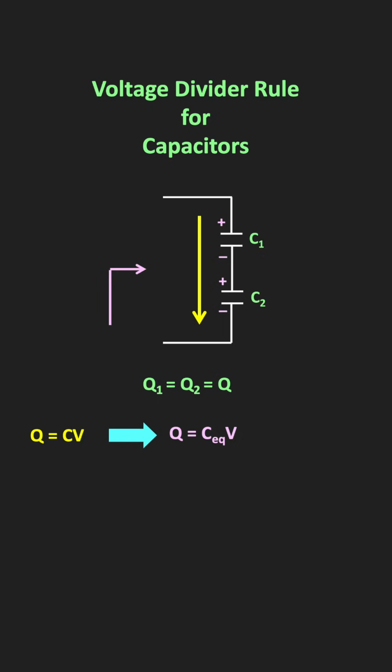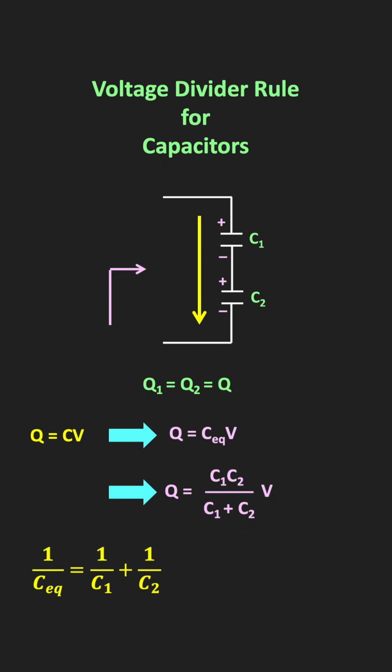Since the two capacitors are in series, their equivalent capacitance is C1 parallel C2, that is C1 times C2 divided by C1 plus C2. That means the net charge supplied by the source at any given time is equal to C1 times C2 divided by C1 plus C2 times V.